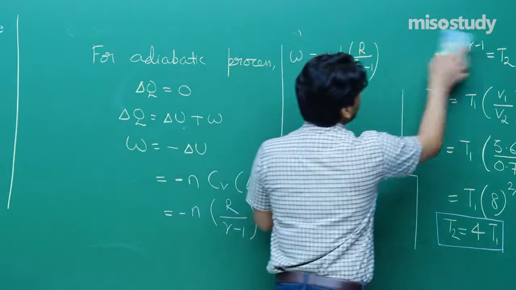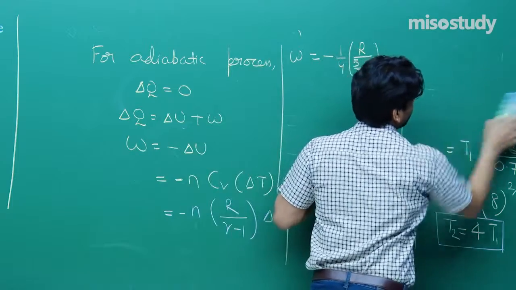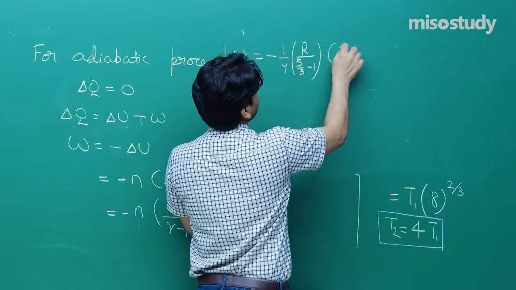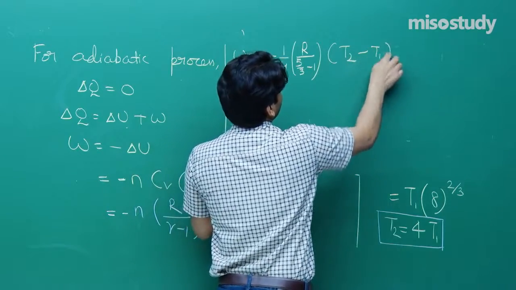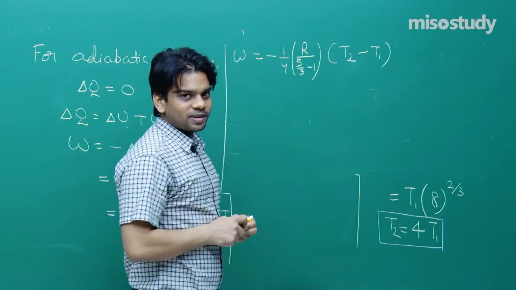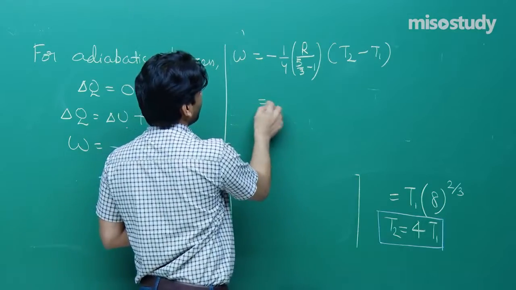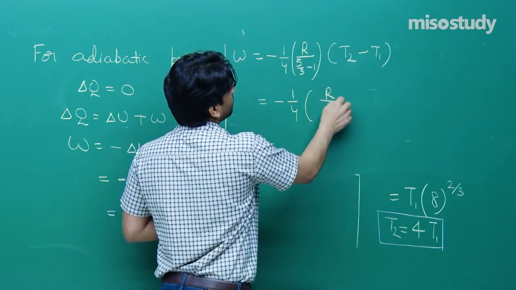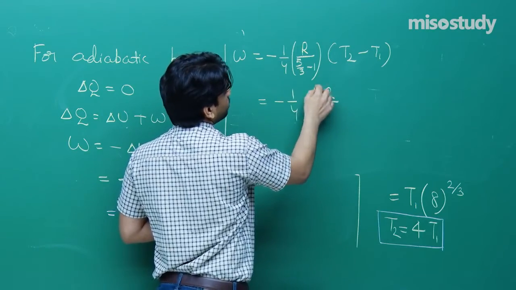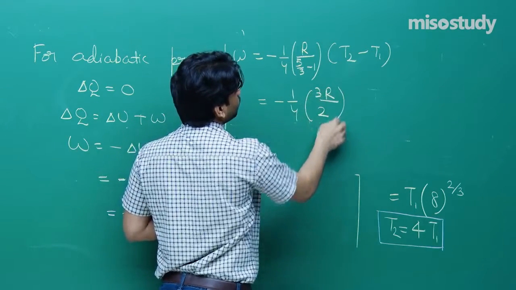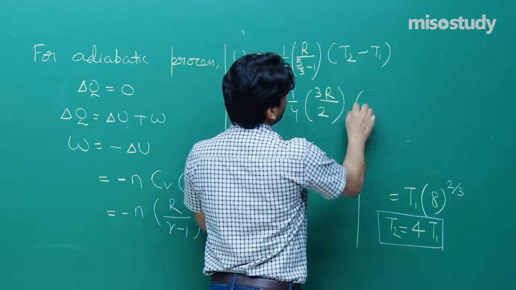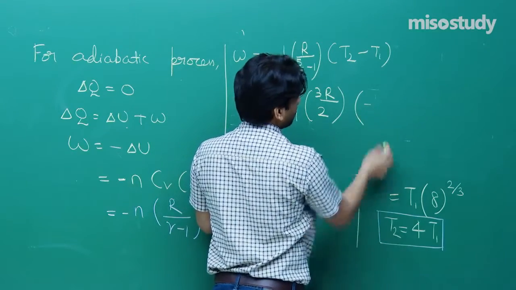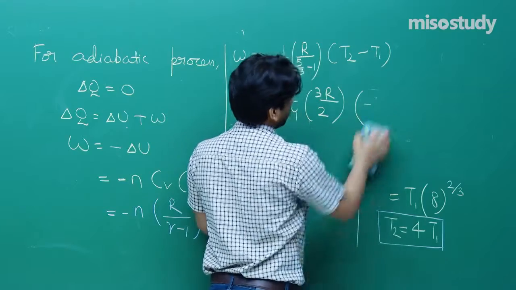T2 is actually 4T1, that is what we have reached. So finally we are going to get minus 1 by 4 R, and 5 by 3 minus 1 gives 2 by 3. So this will become 3R by 2, and T2 minus T1 will give us 4T1 minus T1, which is 3T1.